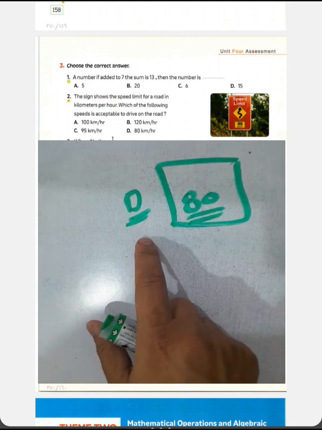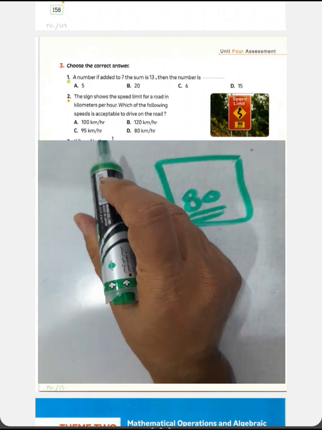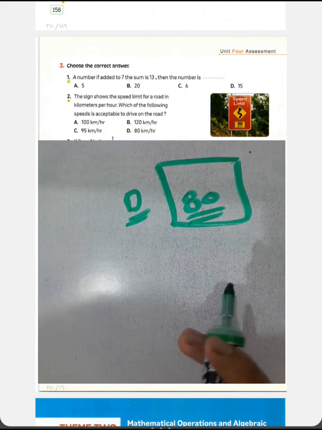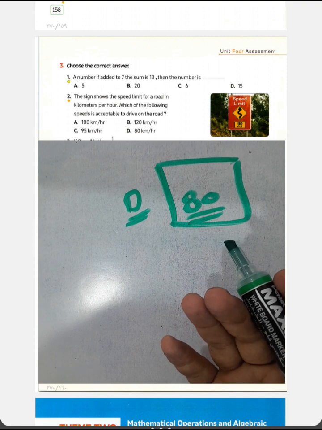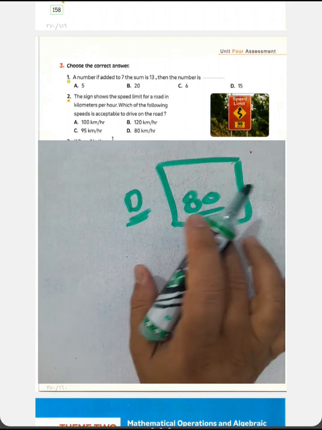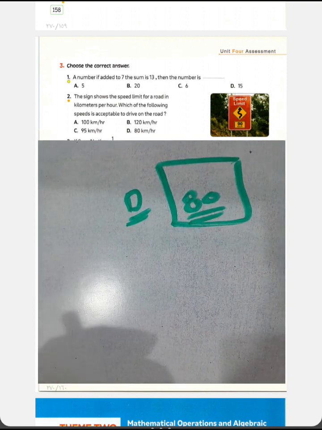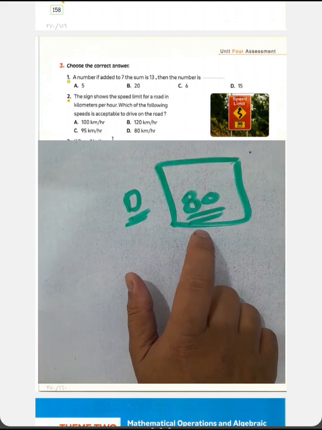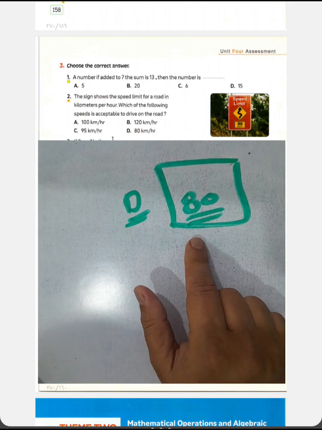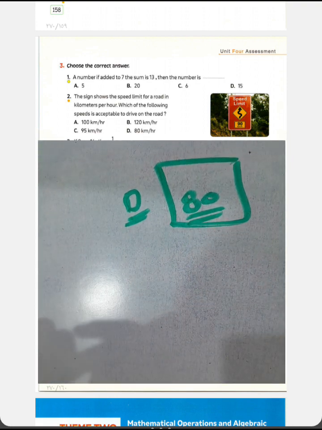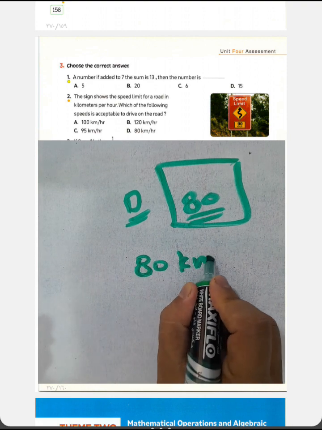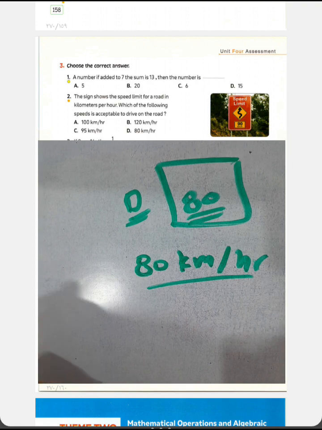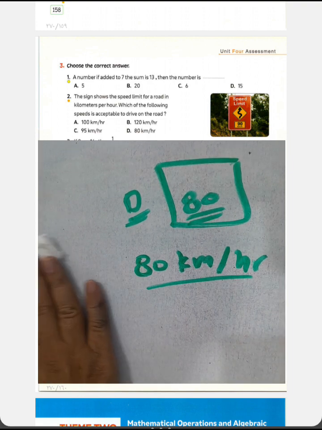You must choose letter D. You must drive the car at this speed, 80 kilometers per hour. Okay, this speed we call it what? Acceptable. The speed is acceptable.